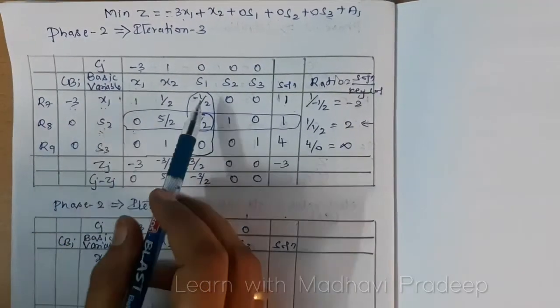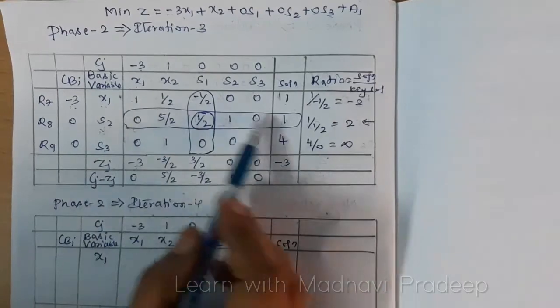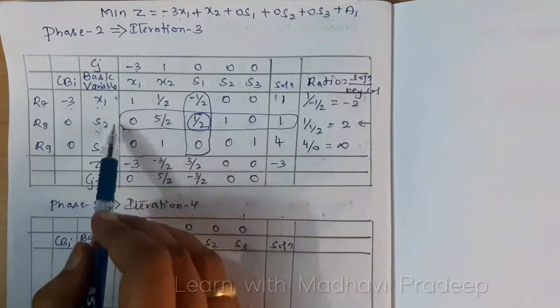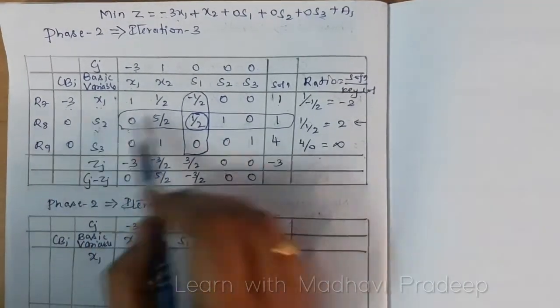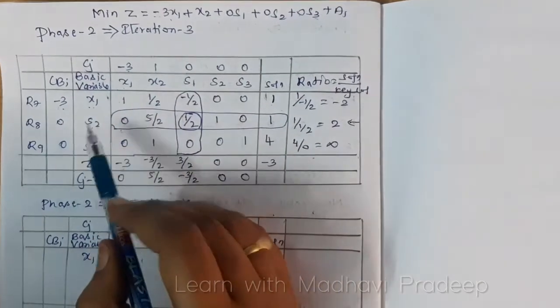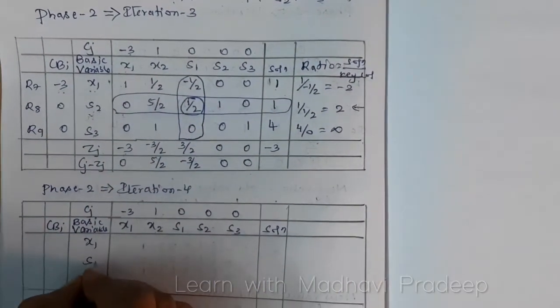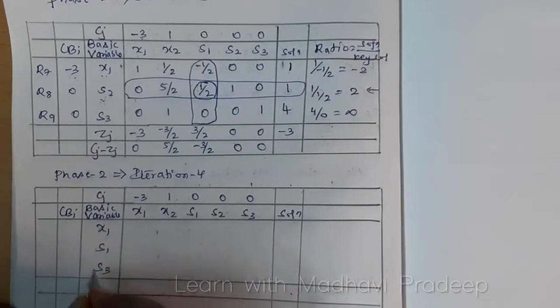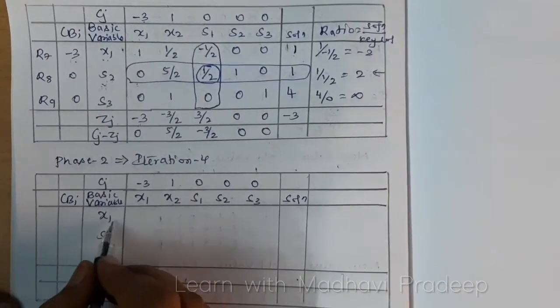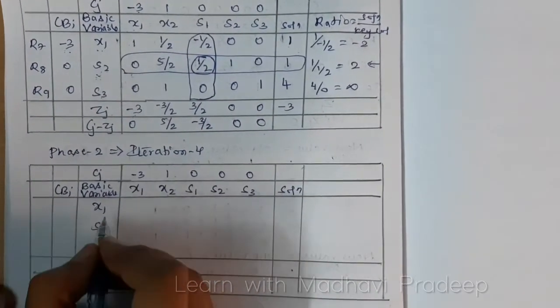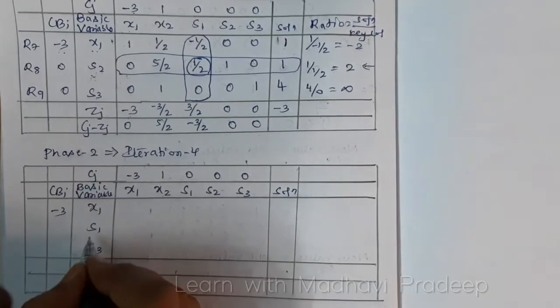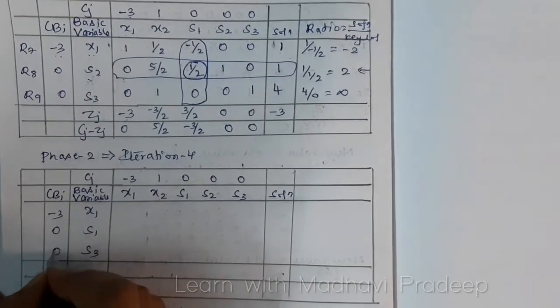S2 is going to be replaced by s1, because s2 is the outgoing variable and s1 is the incoming variable. So here we need to write s1, and s3 will remain the same. The coefficient values for these variables: x1 is minus 3, s1 is 0 and s3 is also 0.